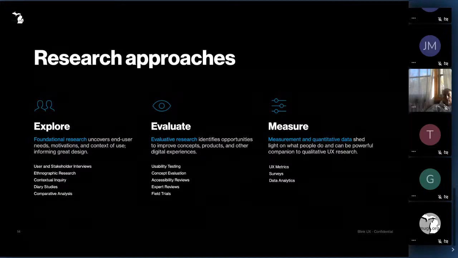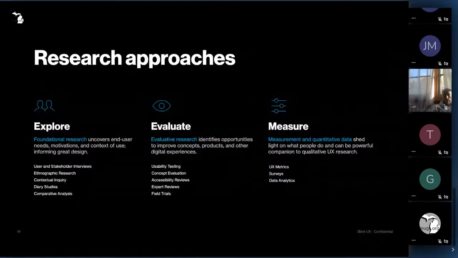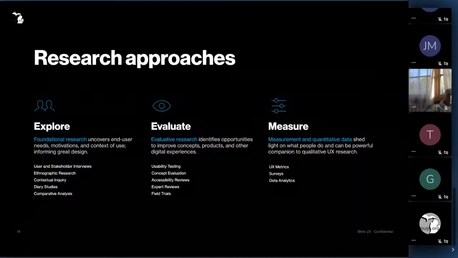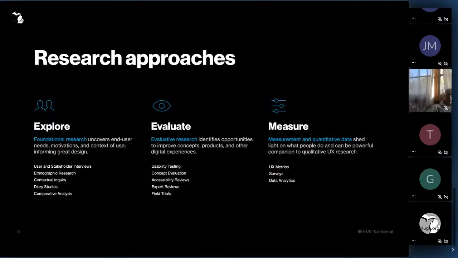So we have a variety of different strategies we use for this, and it's primarily qualitative work at that point. And so we tend to have very low sample sizes that allow us to really identify issues and understand the causal nature of them, and understand a lot of the why behind them.